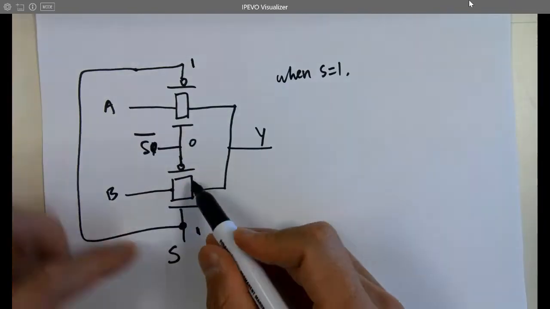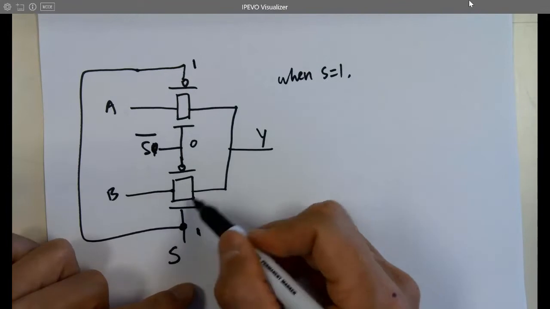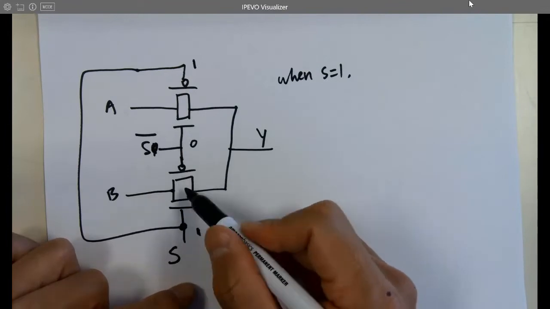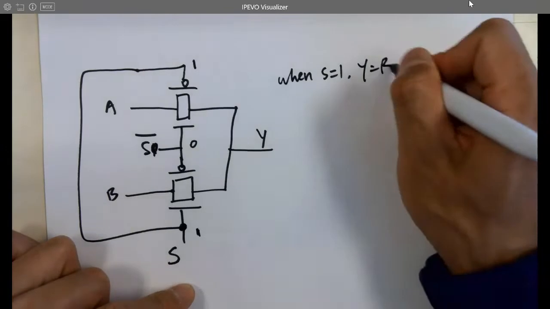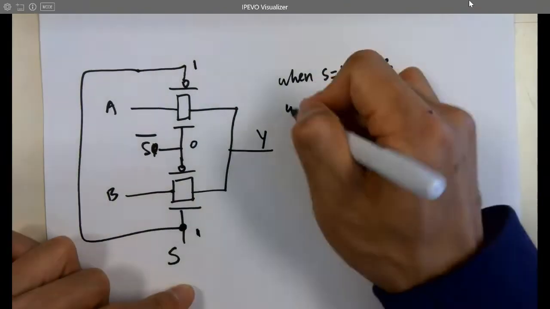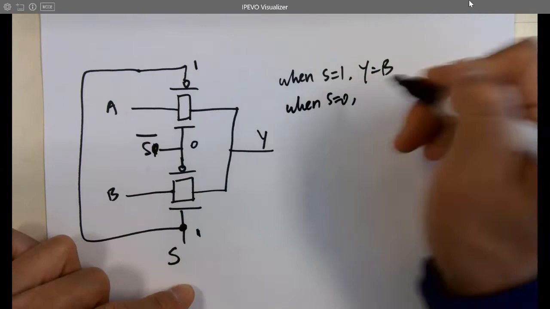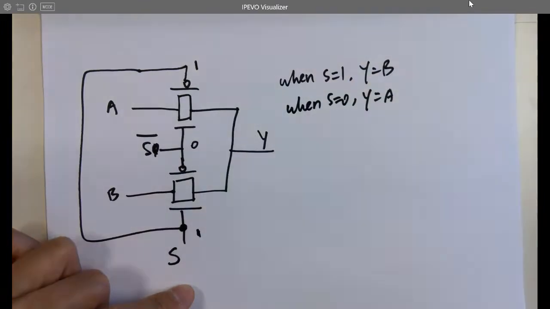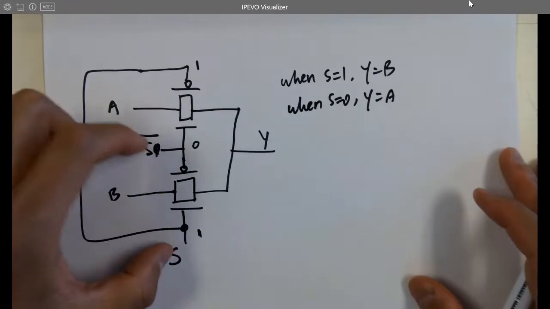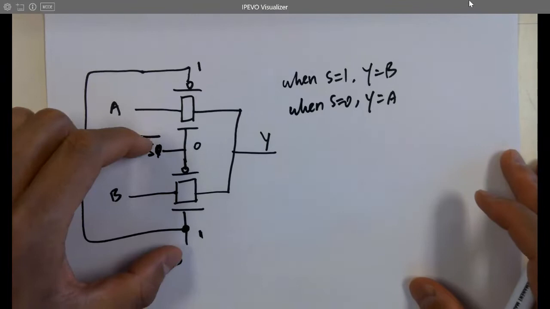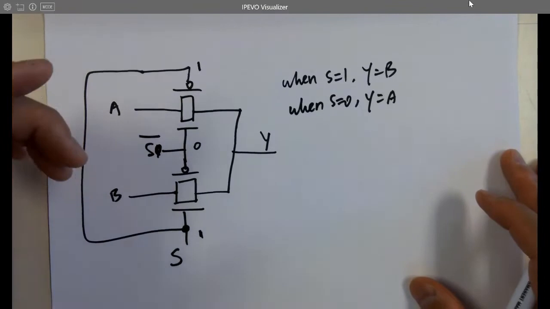What about this one? 1, 0. Both the PMOS and NMOS are on, so it passes B. When S is 0, it passes A. Same logic, just 4 transistors. If you're counting the inverter, which has 2 transistors, it's 6 transistors.